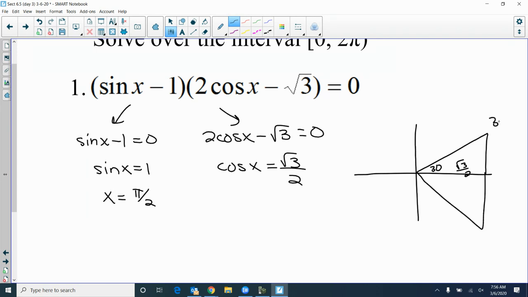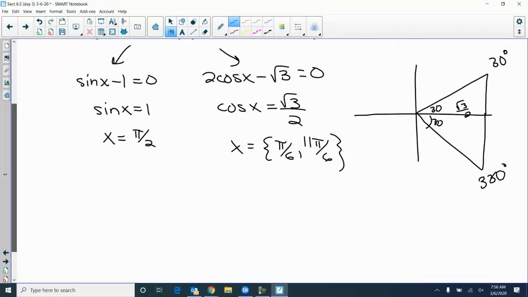So you're going to get 30 degrees. This will be a 30-degree reference angle. That's going to be 330. So that is pi over 6 and 11 pi over 6. And then for your final solution set, you put them in order.